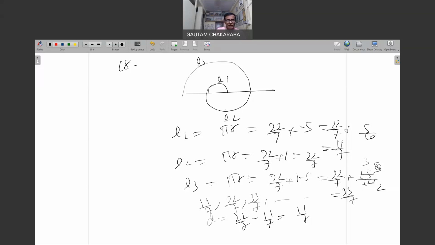So it forms an AP. After that, you apply the identity also: 13 by 2, 2A, A is 11 by 7, plus 13 minus 1 into D, which is also 11 by 7. Now after that, you calculate this question. So this is the final answer. Understood, everyone?